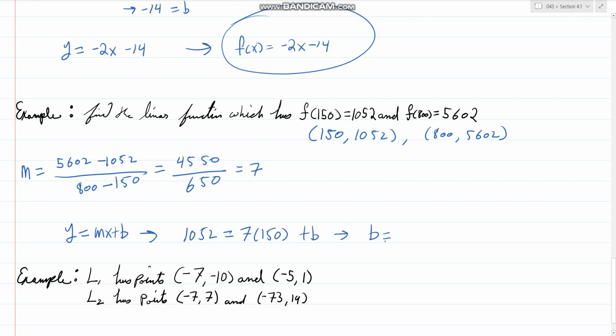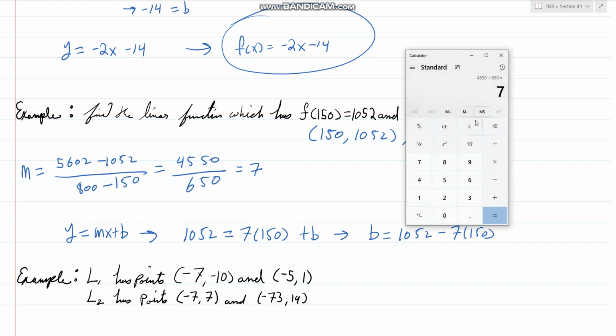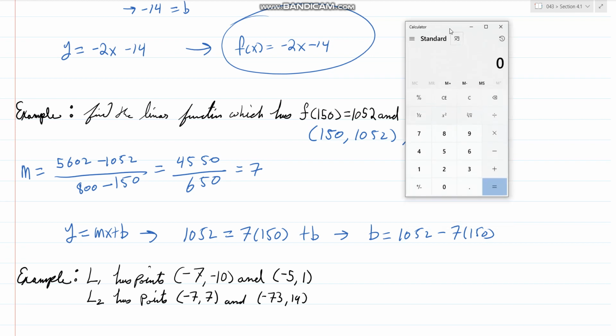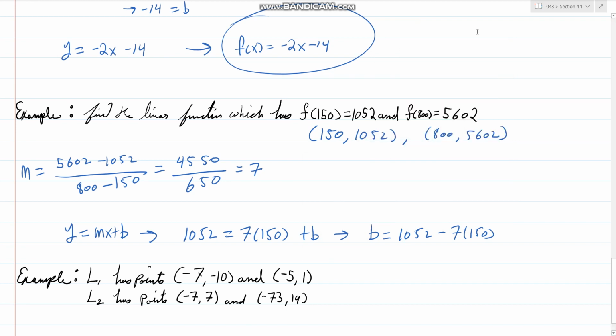And b must equal 1052 minus 7 times 150. And what does that equal? So 7 times 150 is 1050. And it looks like that's 2. Yep, that's 2. So b equals 2.